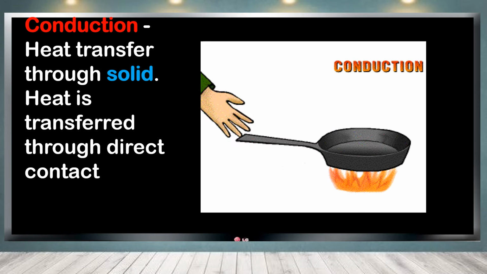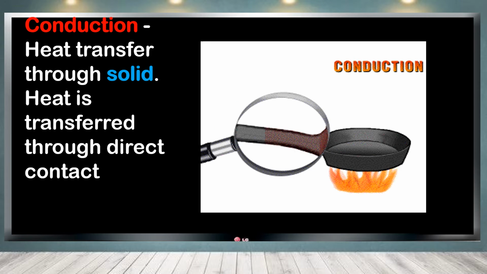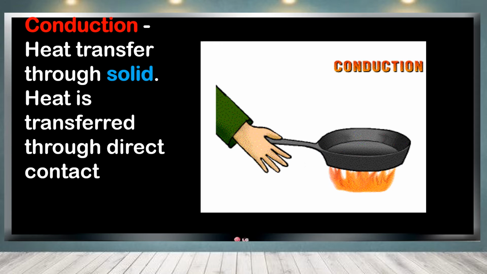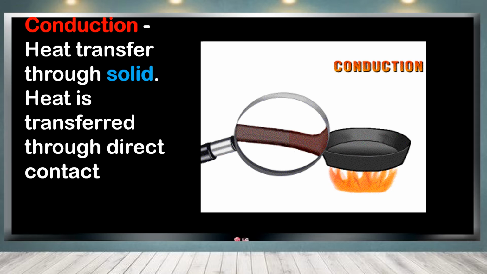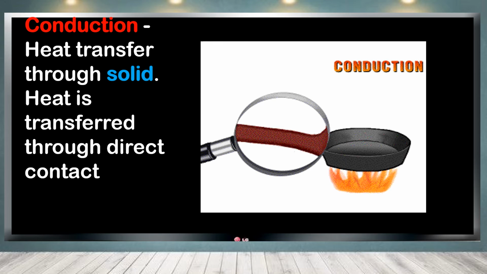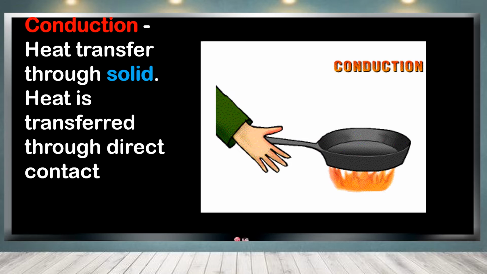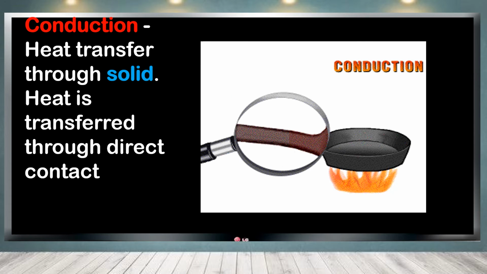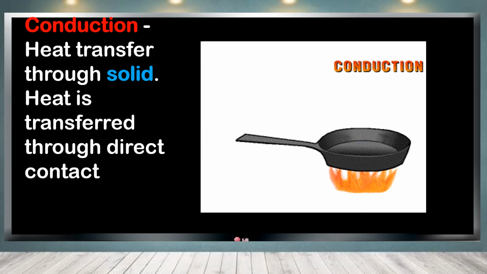Look here. The heat is transferred to the pan. As you hold the pan, you have direct contact with the pan. The heat travels through your hands. So remember, there must be direct contact for it to be called conduction, or a heat transfer through solid.